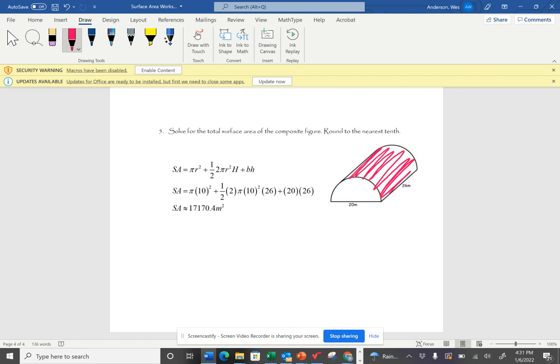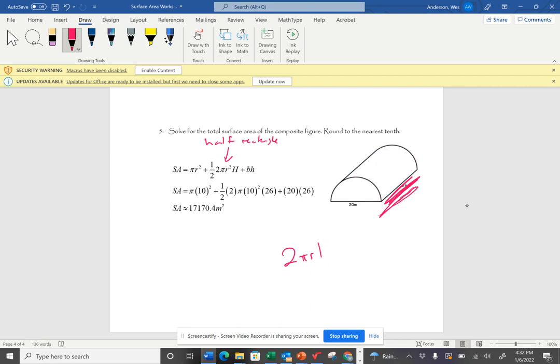Remember, for a cylinder, the rectangular part of a cylinder is 2 pi r times the height, but we're only taking half of that because the other half of the cylinder, which I guess would be about like right there, doesn't exist. So we're only doing half of this rectangle. So this right here stands for half of the rectangle.